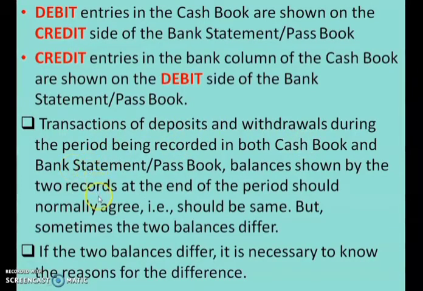And at the end of the period, what will we do? We will check both the books, cash book as well as passbook, and check if both are the same. If there is any difference, then we have omitted to record an item in any of the books.